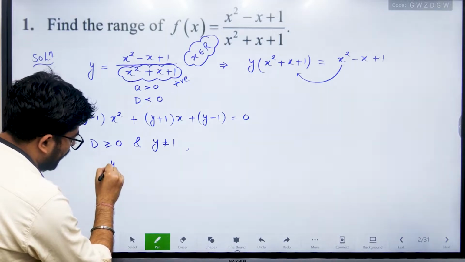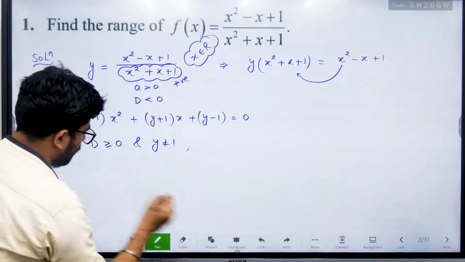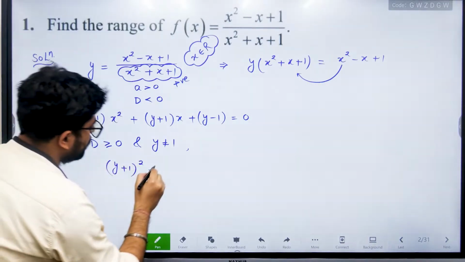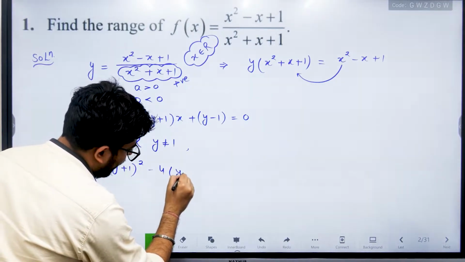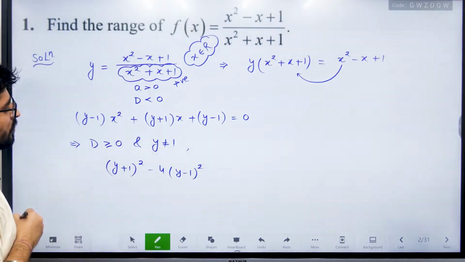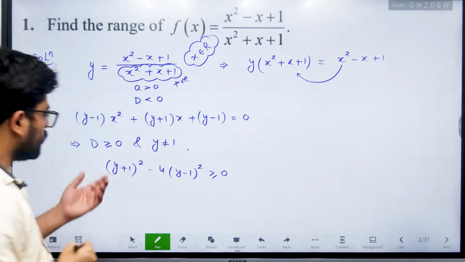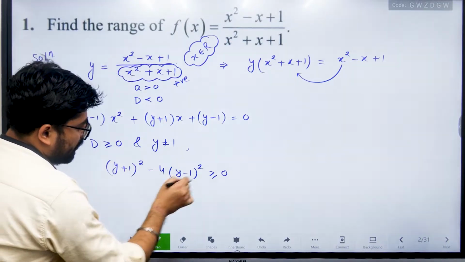If you simplify this, D is b² − 4ac, that's (y + 1)² − 4(y − 1)², greater than or equal to 0. This is a square minus b square.